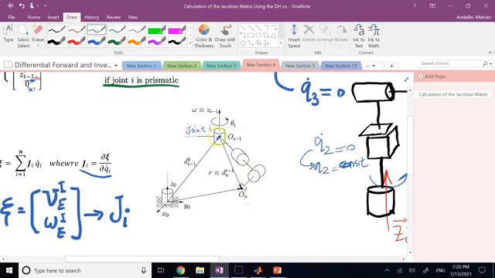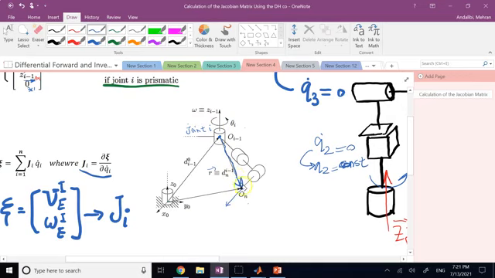So my end effector is rotating about joint i. That is the center of rotation. Good? So if I have this vector r that you can see, from here to here, and that omega, omega cross r will give me the velocity.